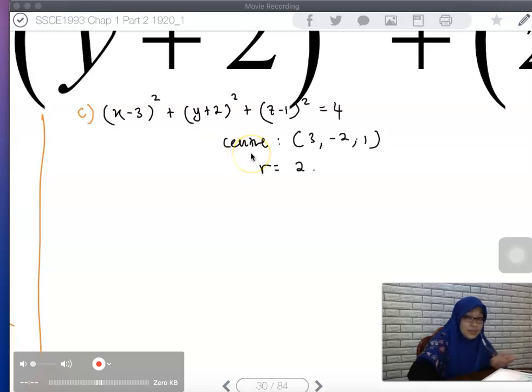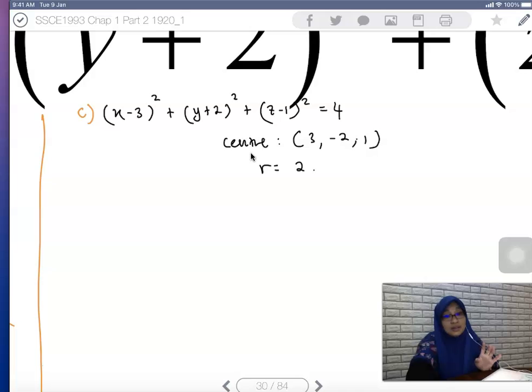Now, based on our understanding of the previous example, the trace should not always be at x equal to 0, y equal to 0, and z equal to 0. It depends on the center that you have.